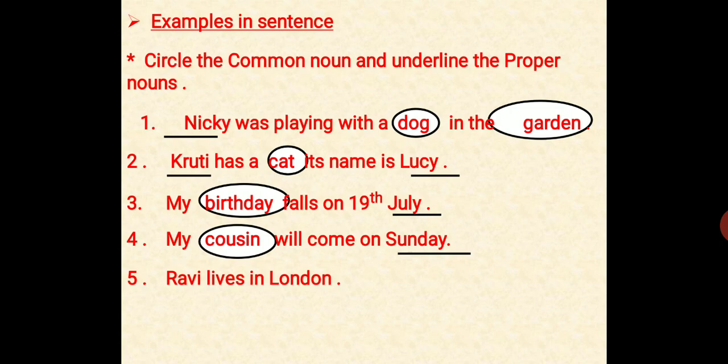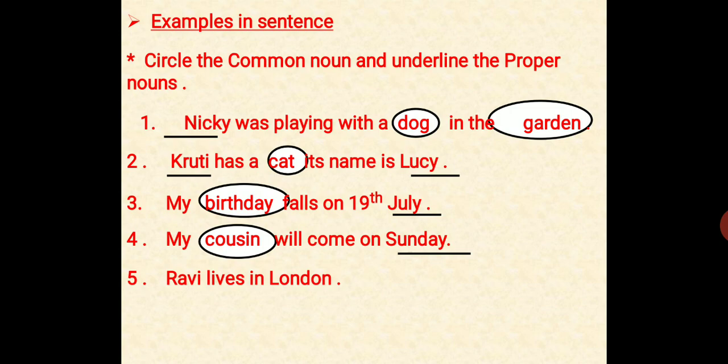Ravi lives in London. How many nouns are here? 2 nouns. Which are they? Ravi and London. Ravi is the name of a boy and London is the name of a city. Very good. So both are proper nouns. So keep in mind that it is not compulsory that if there are 2 nouns in a sentence, one is a common noun and one is a proper noun.